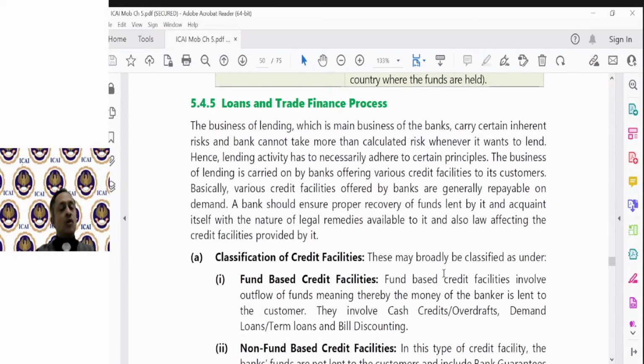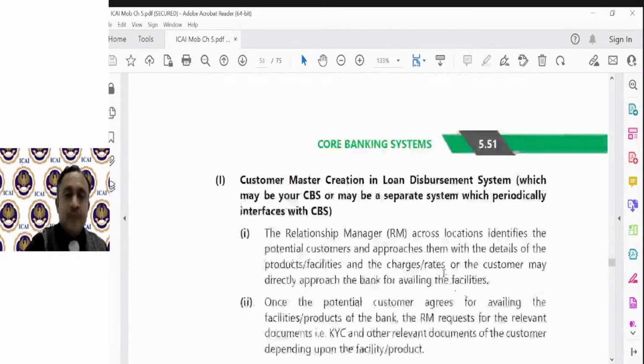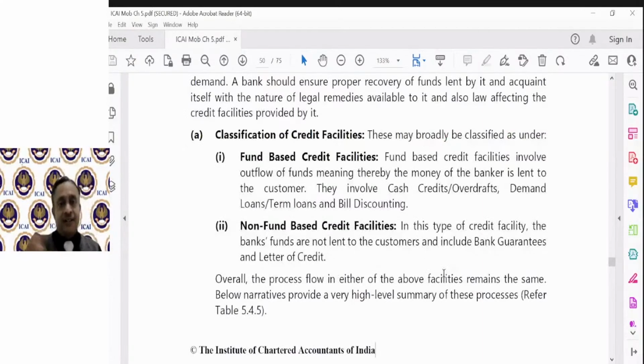First, we have talked about fund based and non fund based credit facilities. In fact, we had a question for you to answer. Fund based basically means where the banker's fund is involved, where the banker's cash flow is affected. So cash credits, ODs, demand loan, term loans, bill discounting are fund based, where at the time of the grant of the facility, the banker's cash flow is hit.